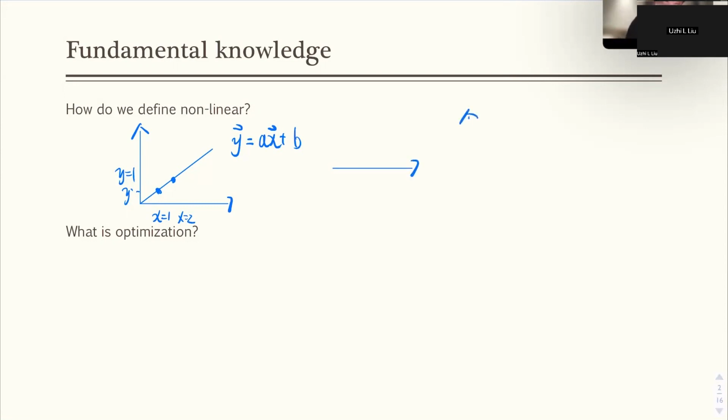For example, I would take y equals x squared. If we take a look at this point, y equals 1 and x equals 1, so we have (1, 1).